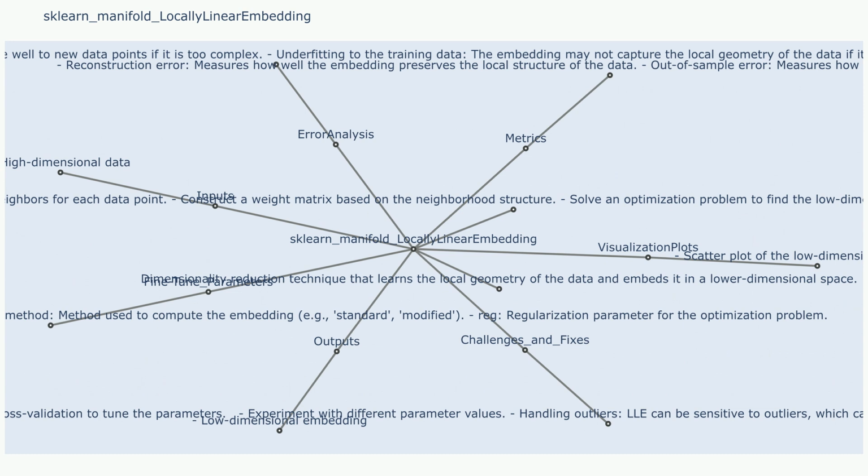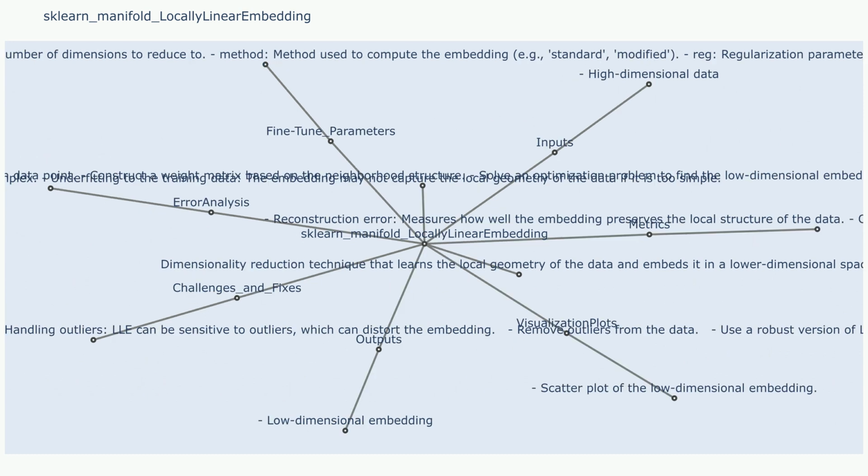Fixes to challenge 2. Dimensionality reduction: applying a preliminary dimensionality reduction step using techniques like PCA to reduce the number of features before applying LLE. Random subsampling: using a random subsample of the data to train LLE, which can significantly reduce computation time while still providing a reasonable embedding.